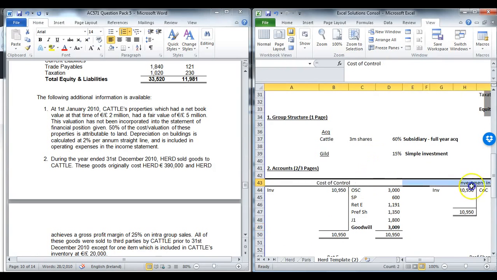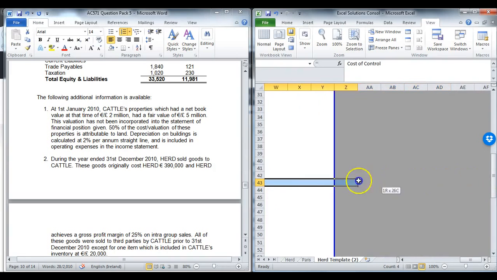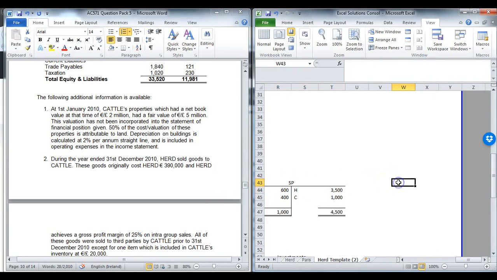So again, just for clarity, to make sure if anyone's confused, well, how might that look from a columnar method? Well, cost was 10950. And what did you get? Well, fair value net assets. Well, ordinary share capital, share premium, retained earnings, and then you had a pref, and then you had a fair value adjustment.